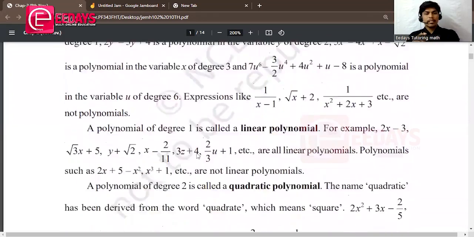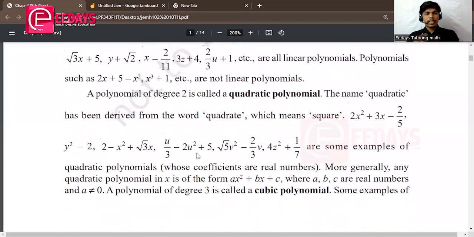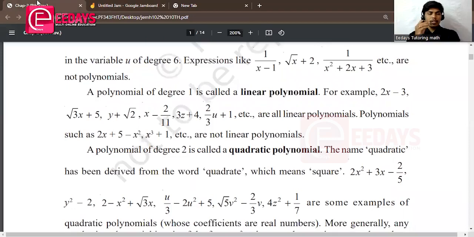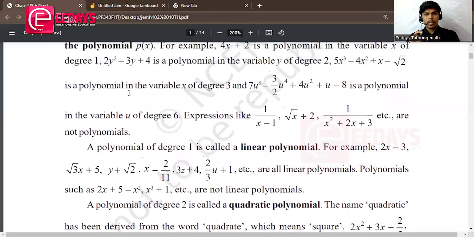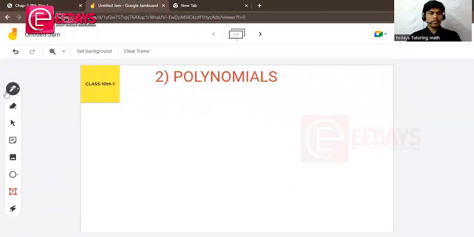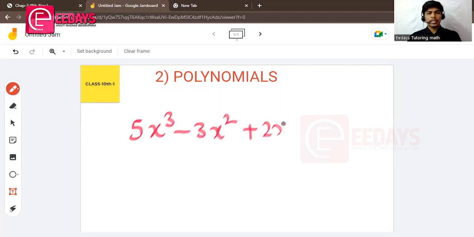Let's understand what we discussed in the previous classes. First of all, I'll explain what a polynomial is, and then we can go step by step. Don't worry, I'll explain each and every word. Let's take an example of a polynomial: 5x cube minus 3x square plus 2x plus 5.